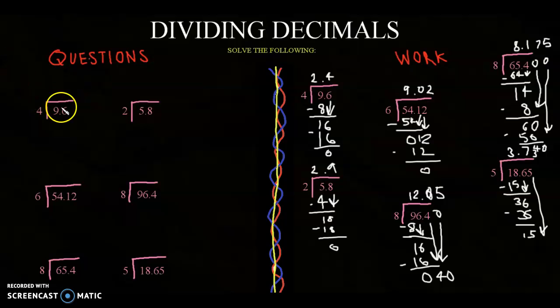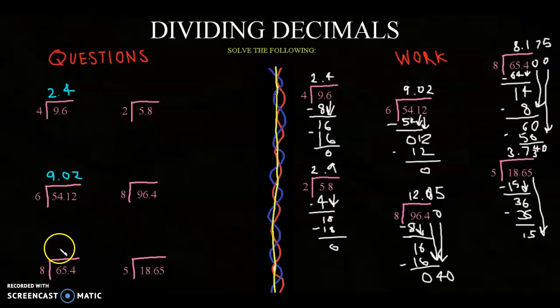Yep. Let's use another color to put it all here. So 2.4. And then 9.02. And then this one's gonna be 8.175. Oh wait, that's the wrong one.